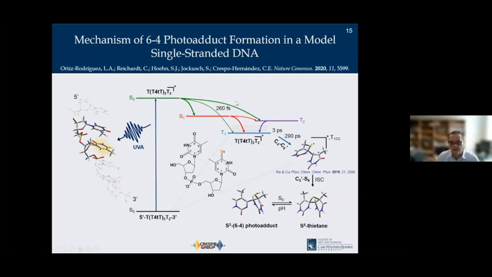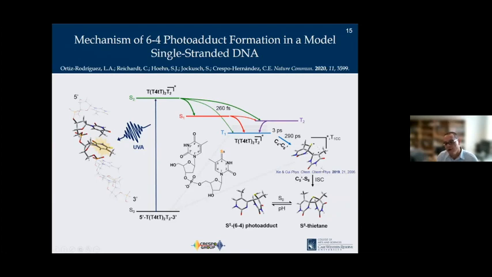I just want to summarize some things here. Again, when you excite 4-thiothymidine with UVA, it just intersystem crosses to a triplet. From there, you can form the triplet state of the Thietane intermediate, and within a lifetime of 250 picoseconds, you have this triplet Thietane intermediate minimum, where this bond here is not yet formed.